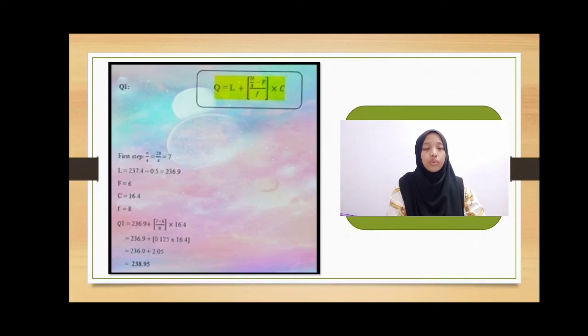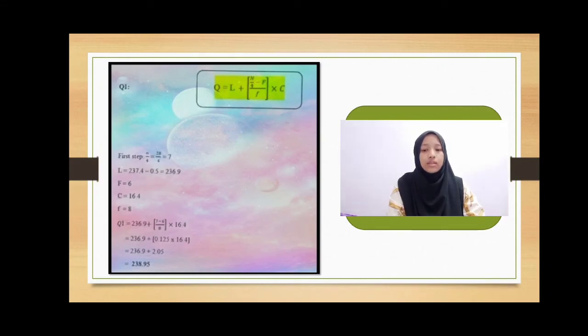Now we move to how to calculate Q1. We use the formula Q equals L plus, in brackets, N divided by 4 minus F, divided by f, times C. First step, we need to find N divided by 4, which is 28 divided by 4 equals 7.